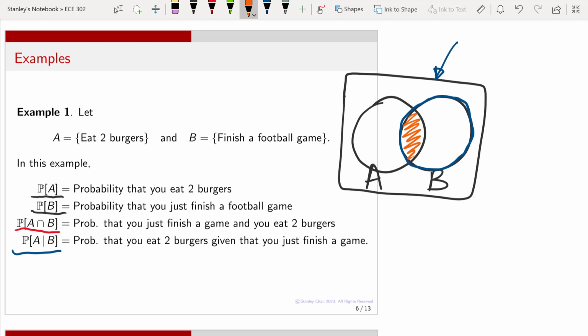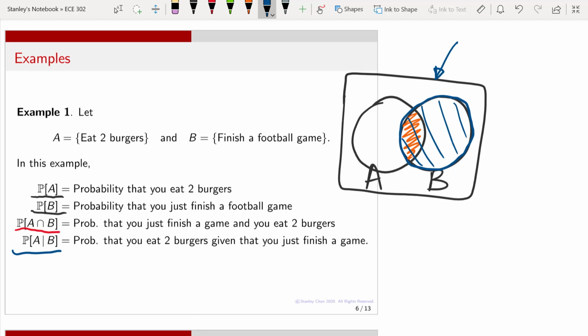Eating the burger is A, but eating the burger and finishing the game is this intersection. So when you look at the conditional probability, you are asking, what is the proportion of this orange area with respect to the blue area? I hope this has given you some idea of what conditional probability really means.